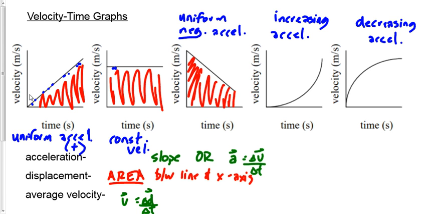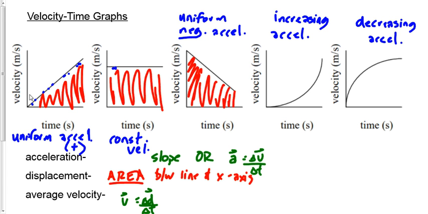Okay, that area corresponds to the displacement. You can find area, right? You did area in what, grade 6 or something, grade 5? The area of a rectangle is length times width, or base times height. The area of a triangle is 1/2 base times height, or sometimes you say base times height divided by 2. You can do that.